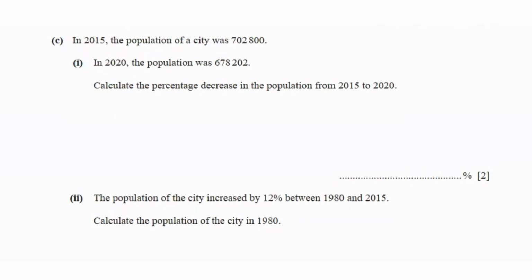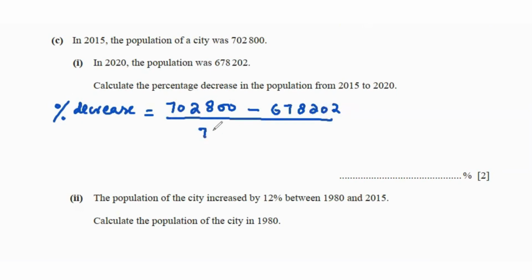So for the percentage decrease, we will do 702,800 minus 678,202, divided by 702,800, times 100. That will give us 3.5%. That is your percentage decrease from 2015 to 2020.